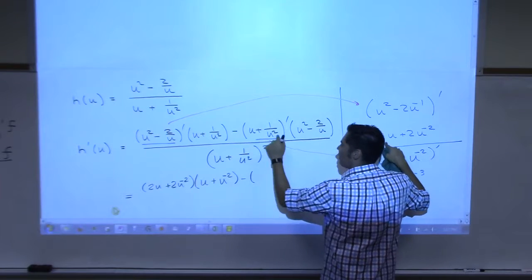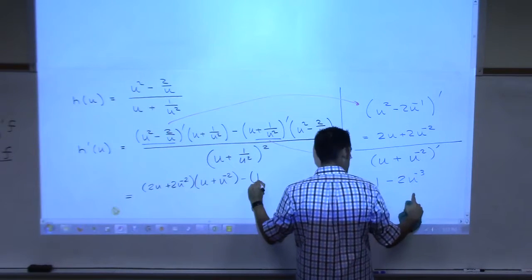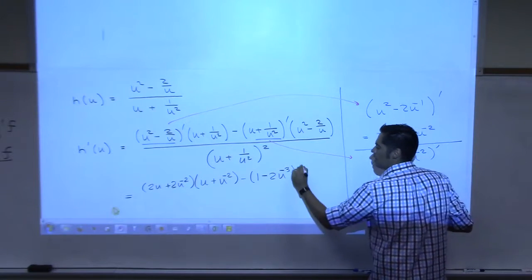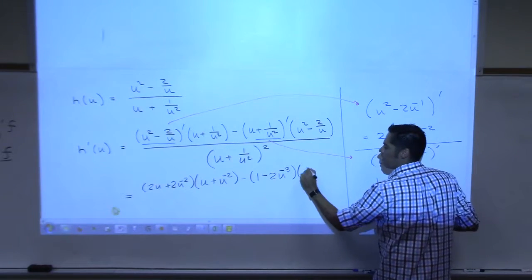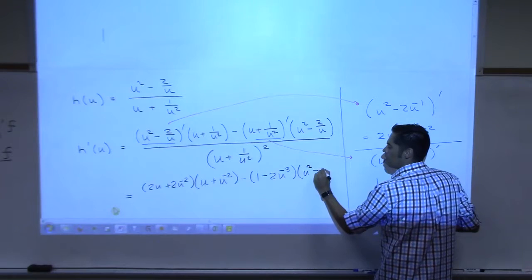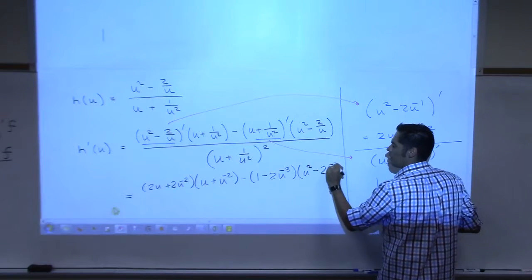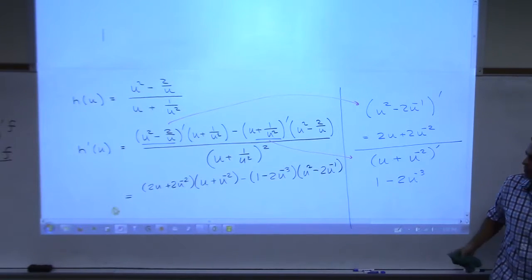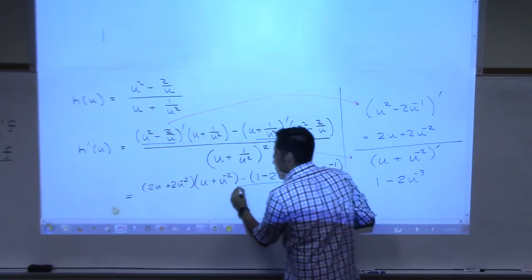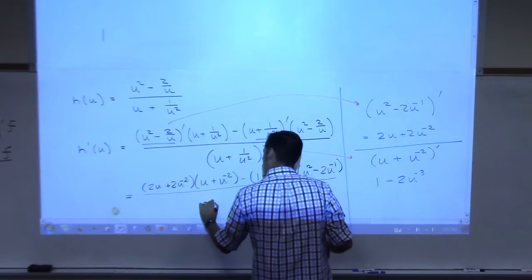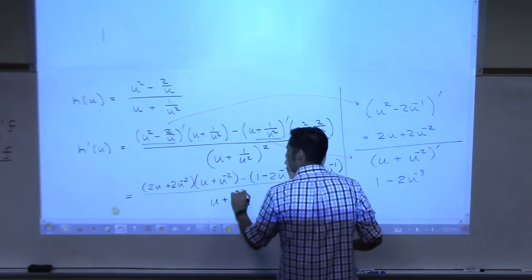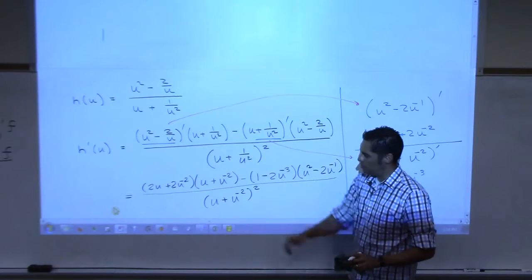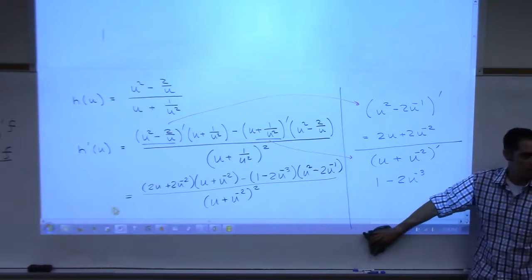Minus the derivative of this one, which we just said is 1 minus 2u to the negative 3, and then times this one, which is u squared minus 2u to the negative 1. I just rewrote that one, just popped the u up there. That makes it a lot easier. And then all of this over u plus u to the negative 2, I'll stick to the same convention I've been using, squared. I just rewrote that one as this. Okay, any questions?